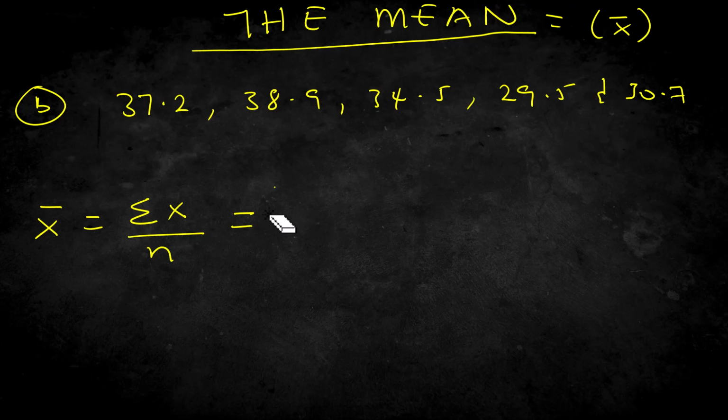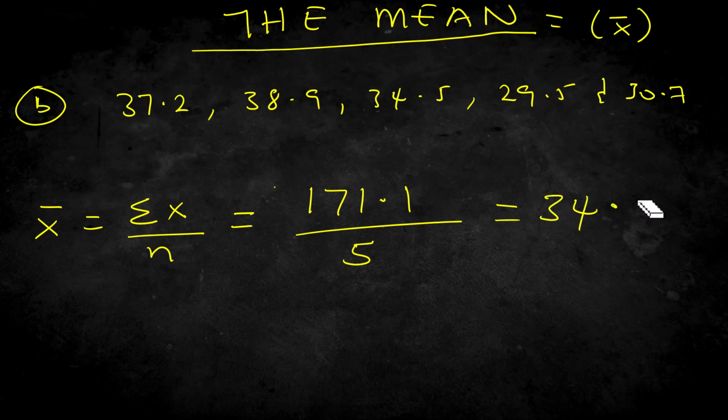So we have 171.1 over 5. When divided by 5, it will give us 34.22. So that is the answer for this.